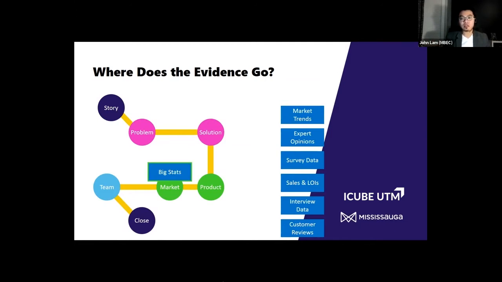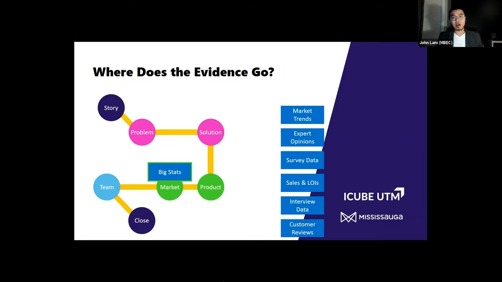And these big stats are talking to us about what the situation actually is, right? Big stats might be helpful for the problem, but not necessarily the problem that you're solving, right? So that's a hint for some of the other types of evidence that we have here in the list.